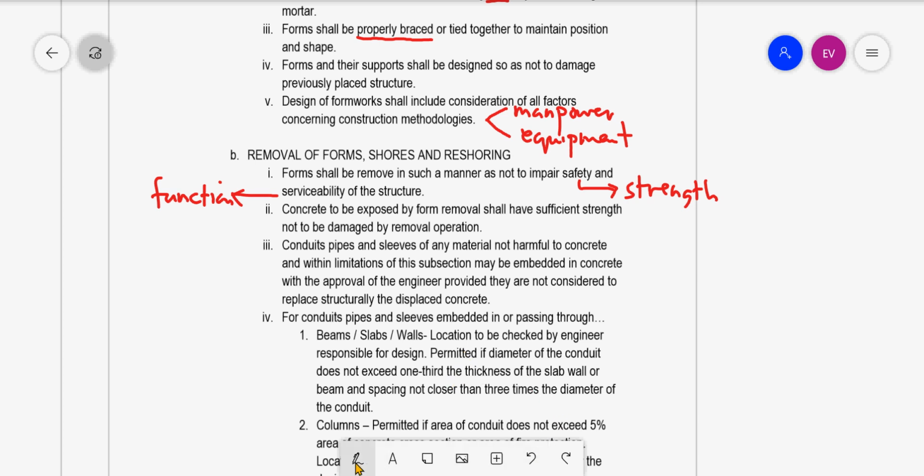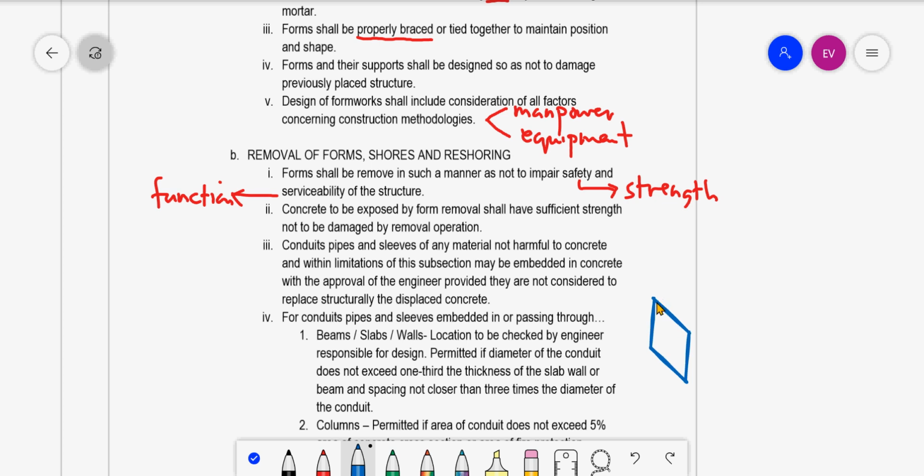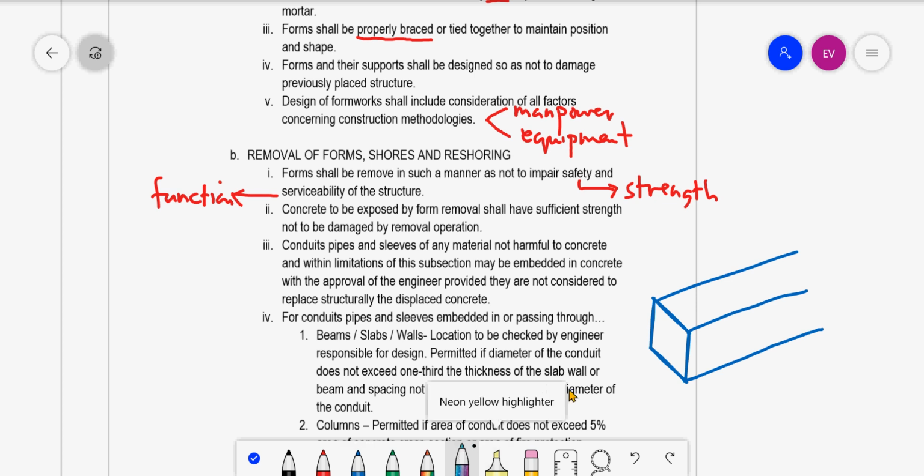So let's take for example that you have here a beam wherein a conduit is about to be placed on one side, passing through the beam transversely, on the other side.